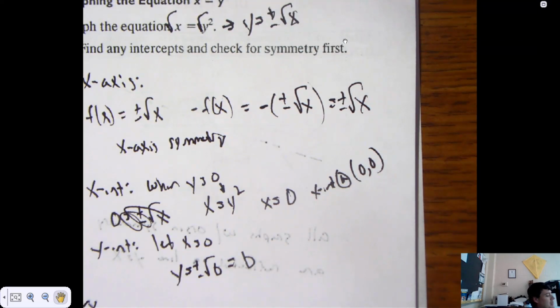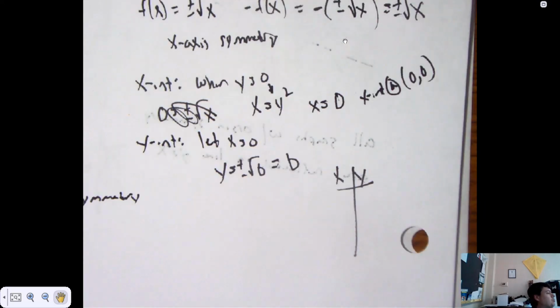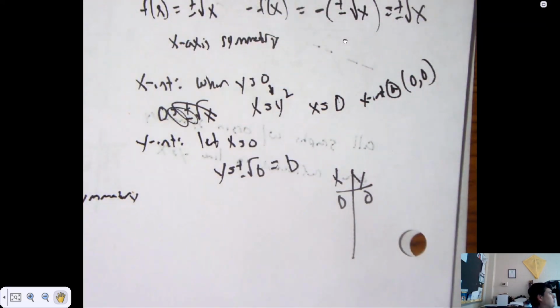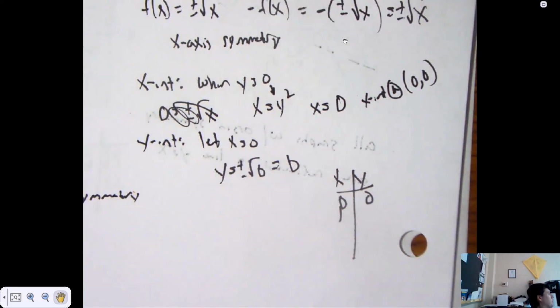All right, so we found the x and y intercepts. Let's make a little table. We know this one. What do you want to throw at that thing? Make up a number. Want to throw a 1 at it? What's the square root of 1? 1.